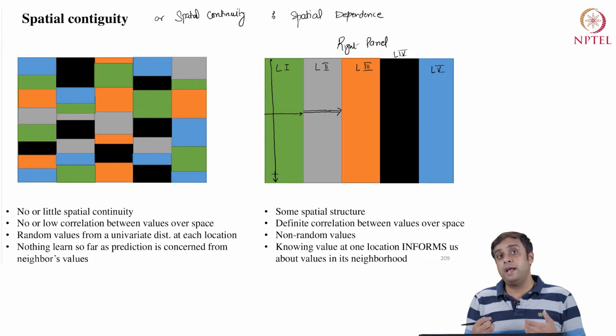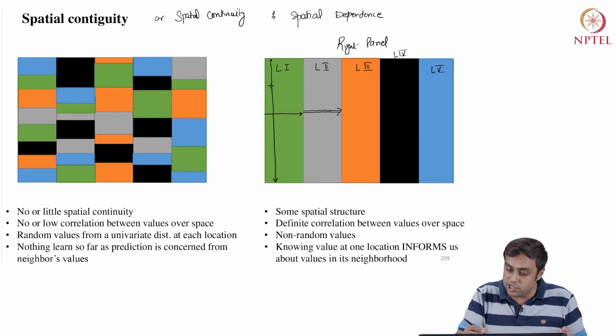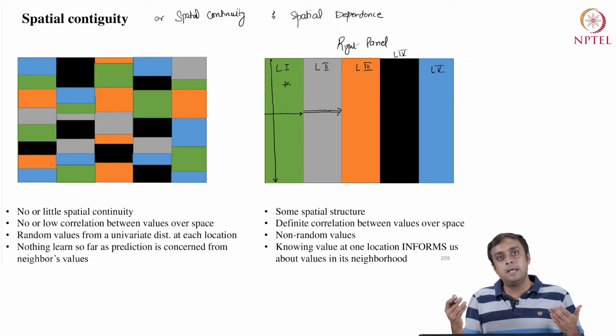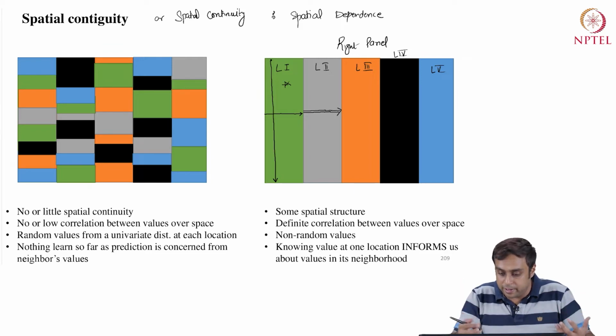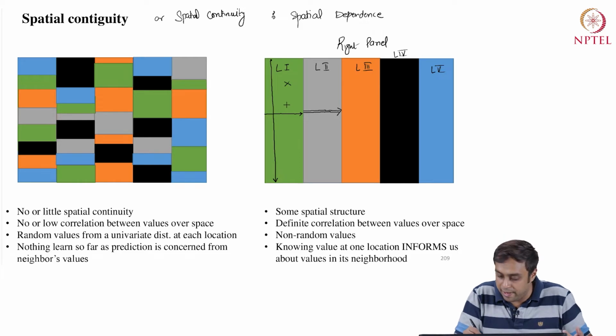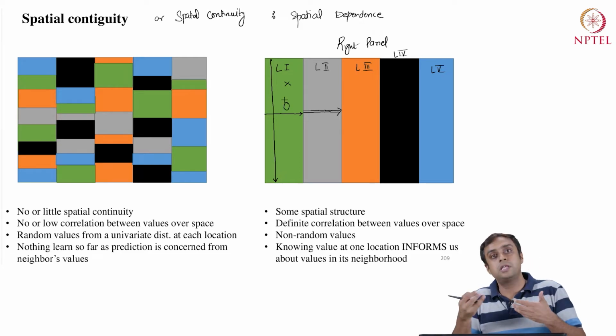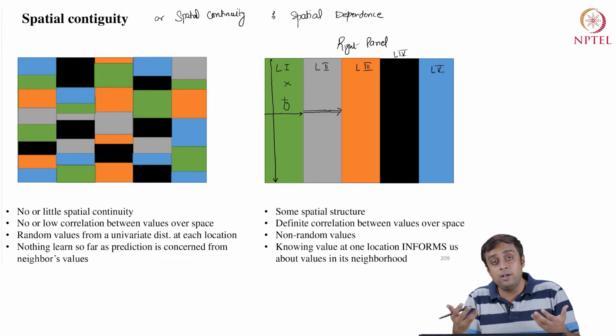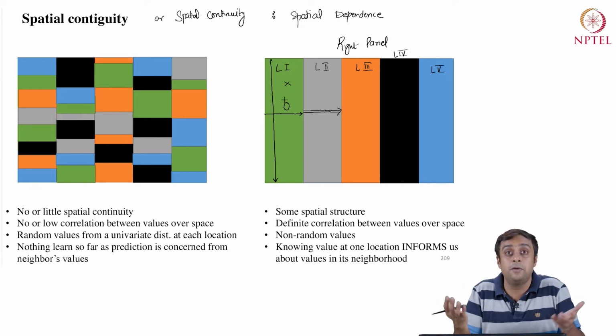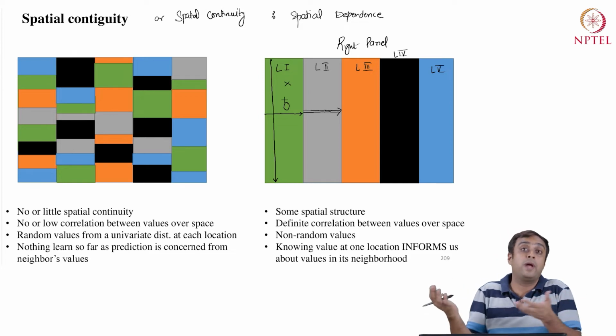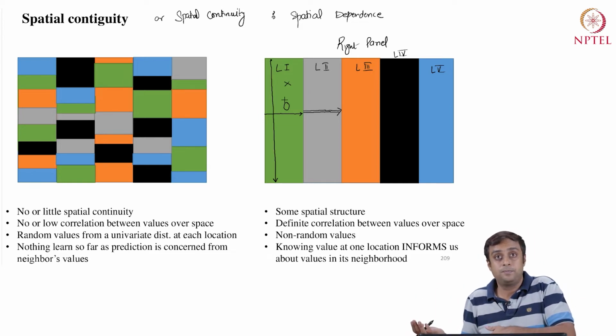This tells me that if I have an observation at any point on level 1, and I want to predict an unknown value south of the observed value, right at its south, I can actually accurately predict it to be belonging to category 1 or level 1, right?